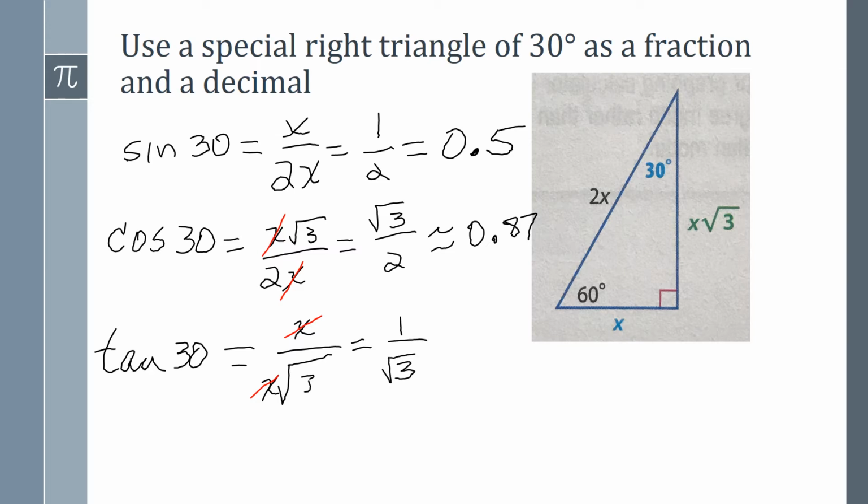So we're going to multiply both the numerator and the denominator by the square root of 3 over the square root of 3. And this becomes the square root of 3 over 3, which is approximately 0.57735, which we're just going to round to 0.58.